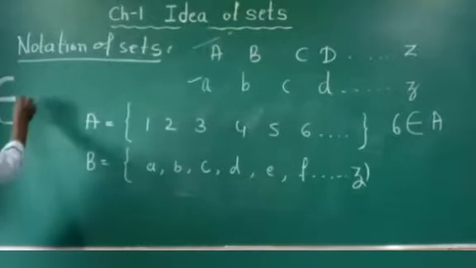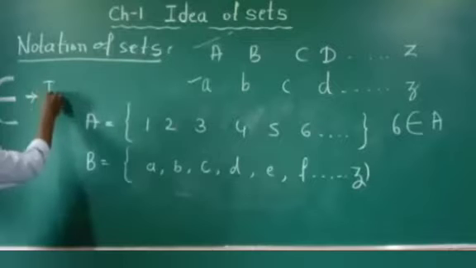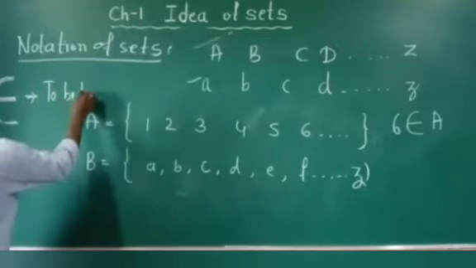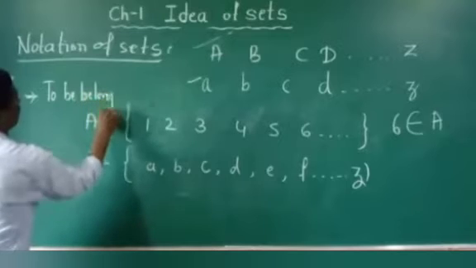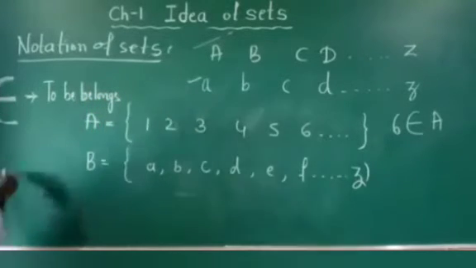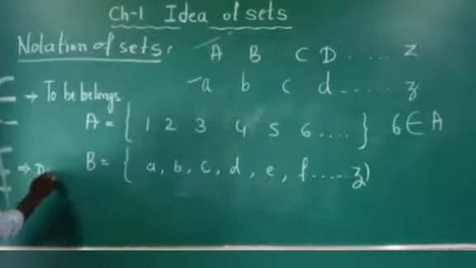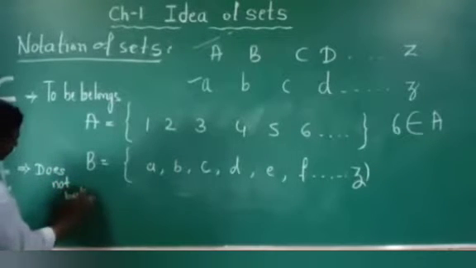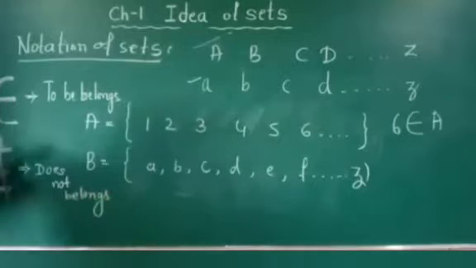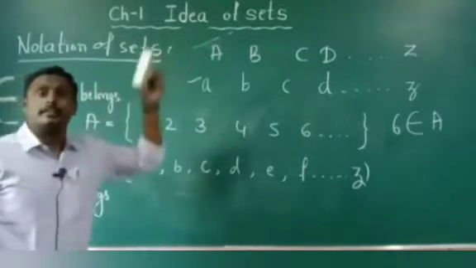This symbol indicates belongs, and this symbol indicates does not belong. So these two symbols we use specifically in set theory.